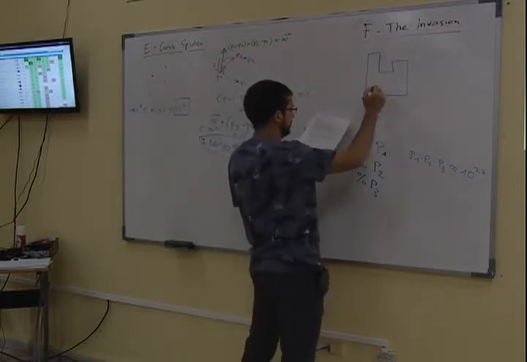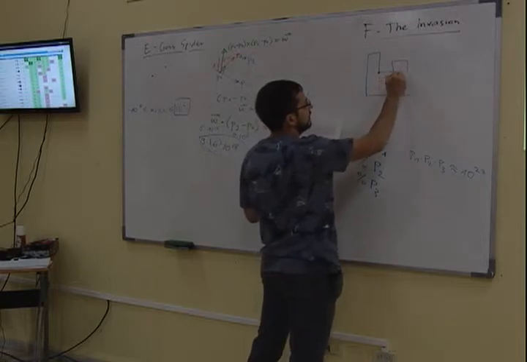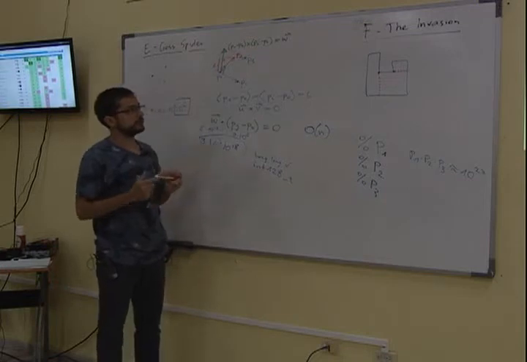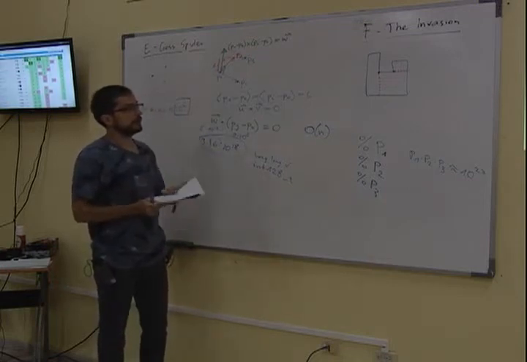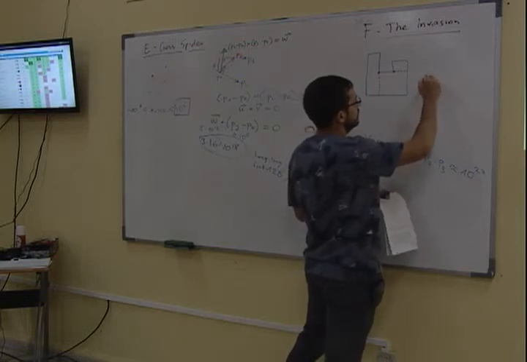So for instance, we can cut this one like this, and then we will partition it into three rectangles. We can have a little more complicated example.